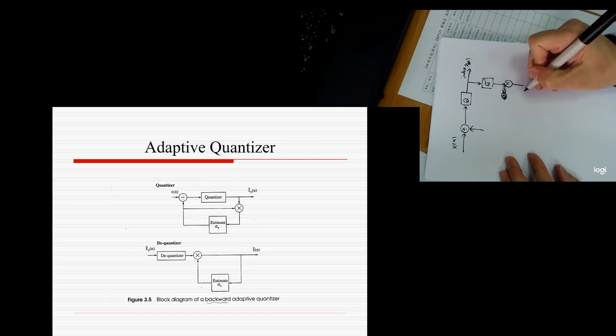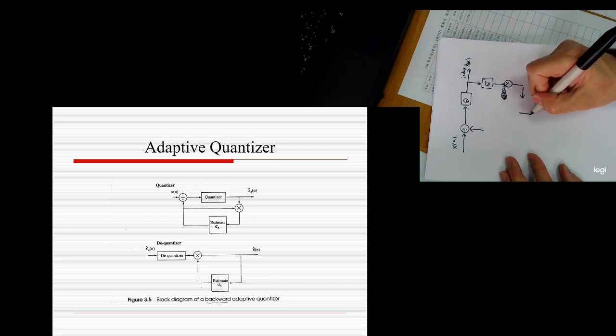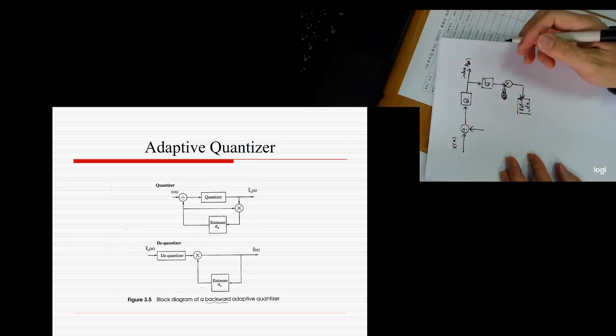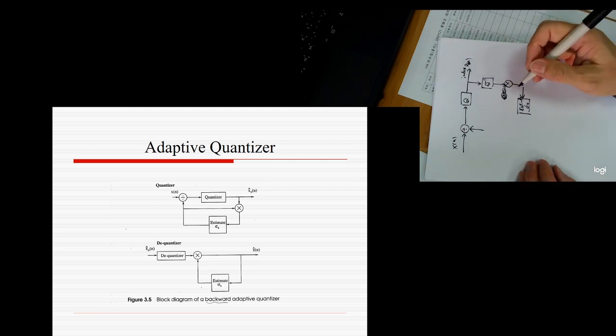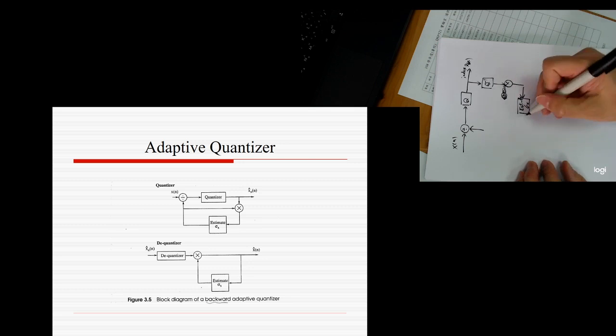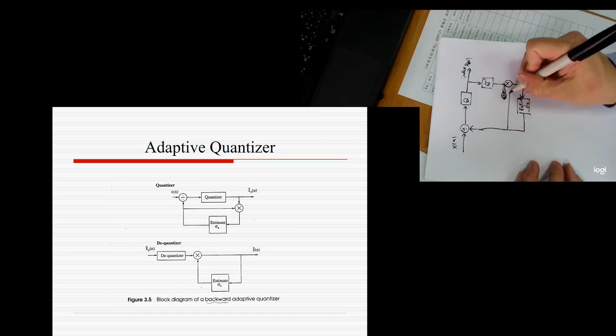We use this dequantized data, so we estimate your standard deviation, your signal dynamic range. We try to know how your dynamic range changes. So here you can see we have to go back to multiply.